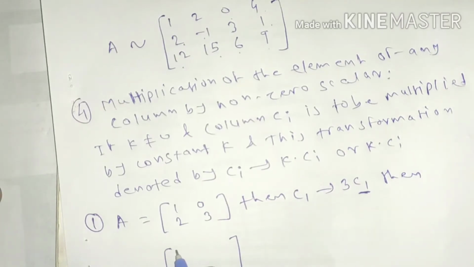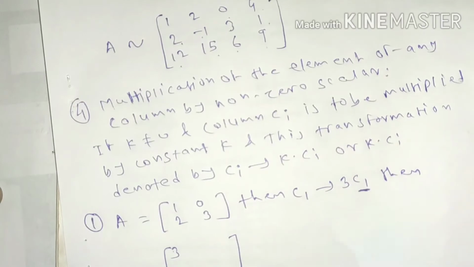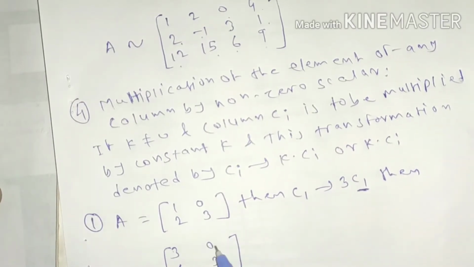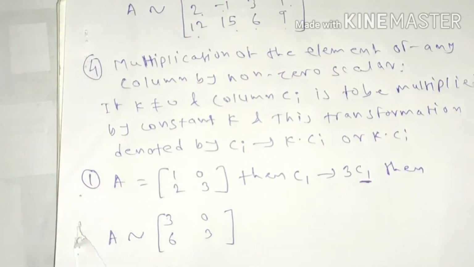So the first column will be 3 into 1 is 3 and 3 into 2 is 6, and the second column is the same as in the given matrix, 0 3. So we say A is equivalent to the new matrix [3 0; 6 3]. Let us see one more example.